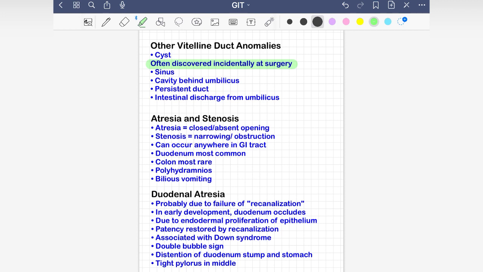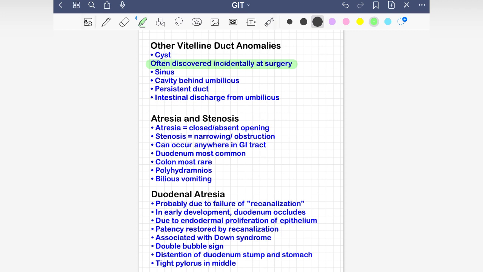Duodenal atresia probably occurs due to failure of recanalization. In early development, it turns out that the duodenum normally becomes occluded. This is because of proliferation of the epithelium, and endothelium begins to proliferate on both sides, and it proliferates so much that it obstructs the duodenum.